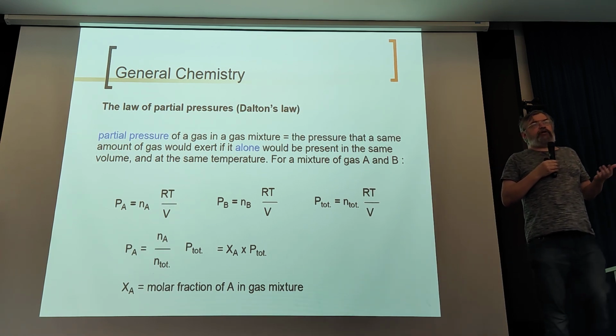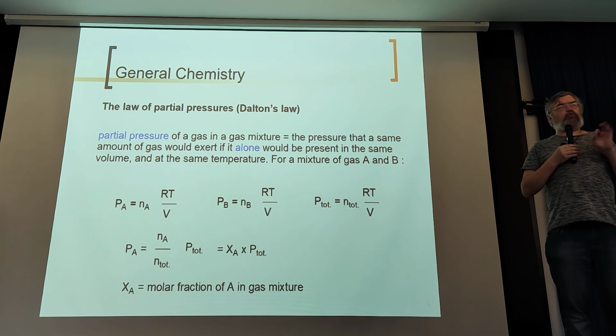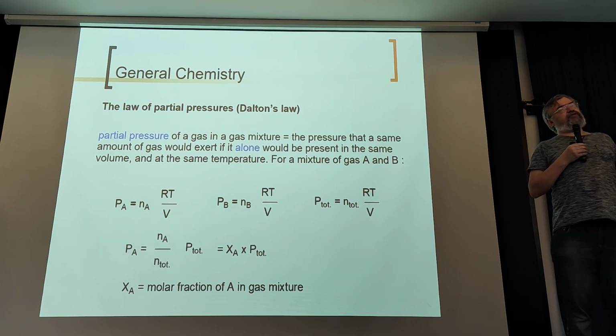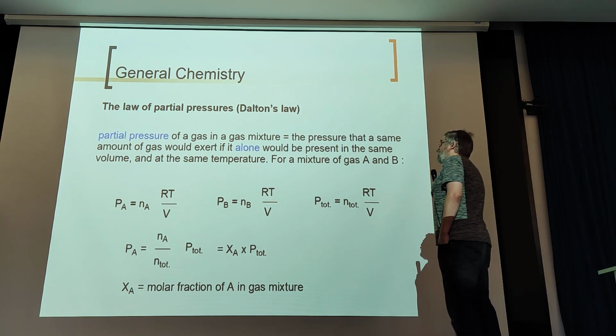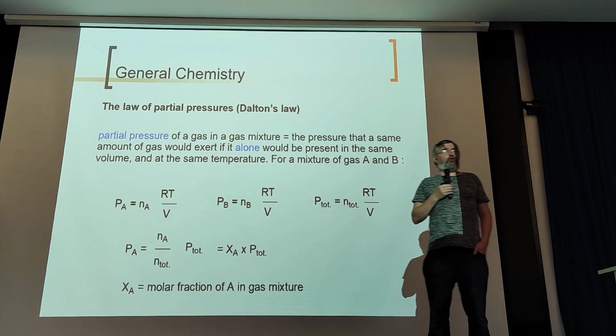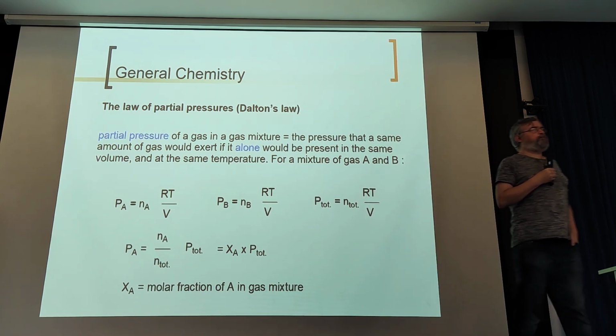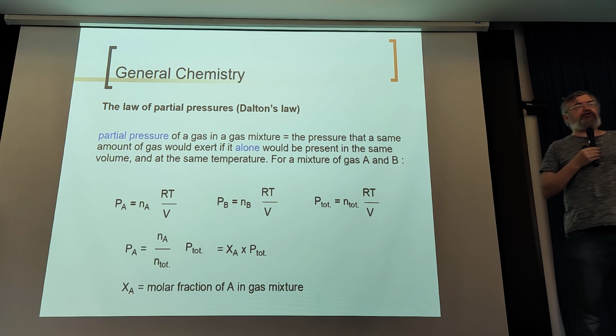Until now we talked about gases, but it was just one gas, one pure gas. But what about mixtures of gases? For that we have so-called Dalton's law, or the law of partial pressures.